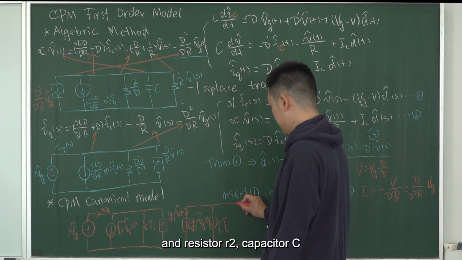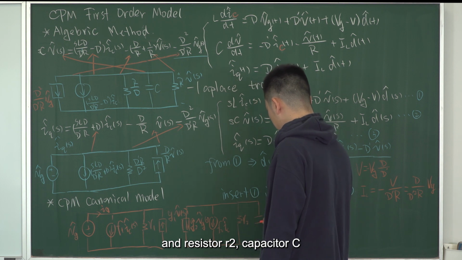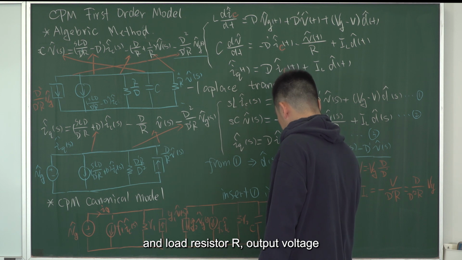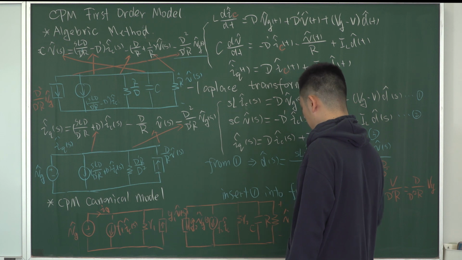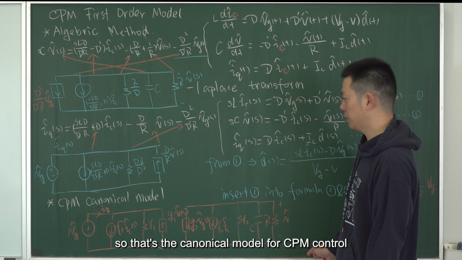And resistor, right? R2. Capacitor C. And load resistor R. Output voltage. So that's the canonical model for CPM control.